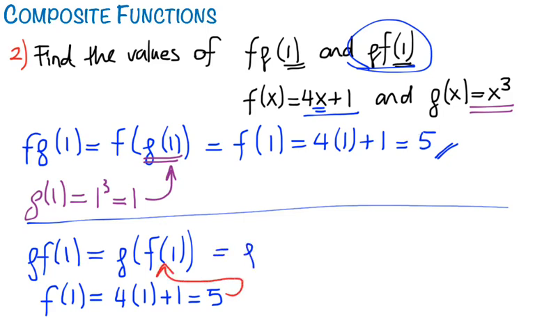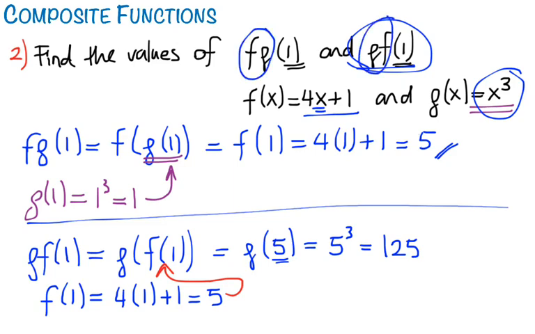So I will end up with g of 5, because f of 1 is 5. Now, g of 5 will be, just because this is x cubed here, 5 cubed, which will be 125. So we again find the same answers, but this time we didn't find the expressions for these composite functions. So if you're only asked to find the value of those composite functions, not the expressions, you can use this way as well.